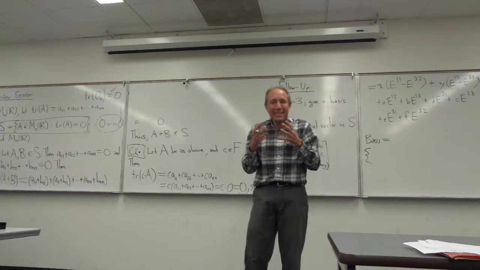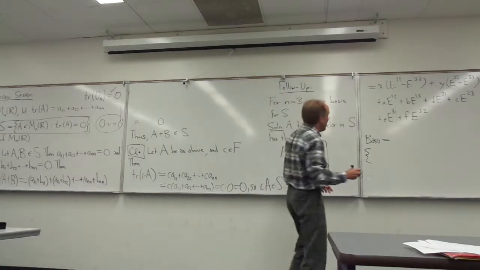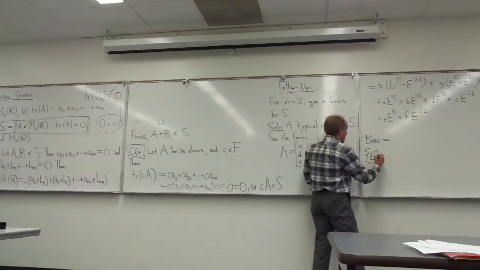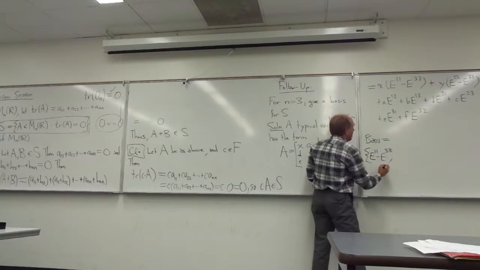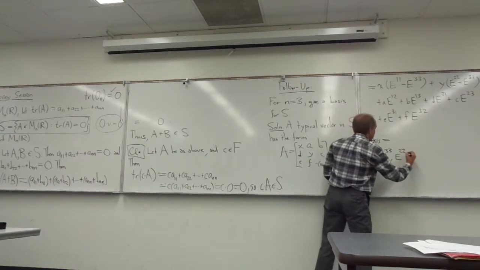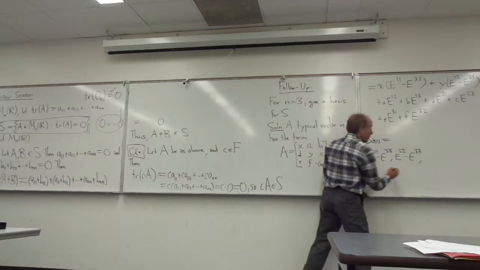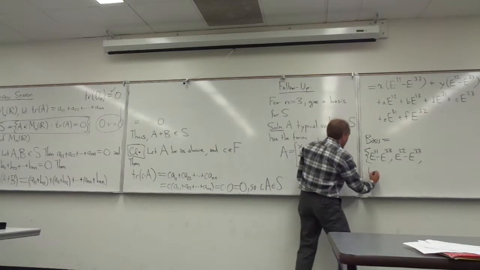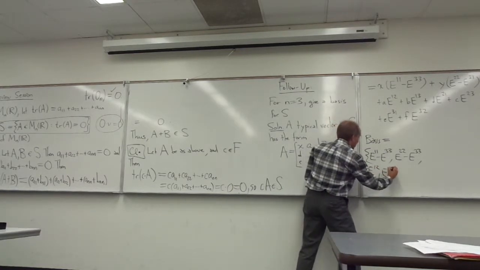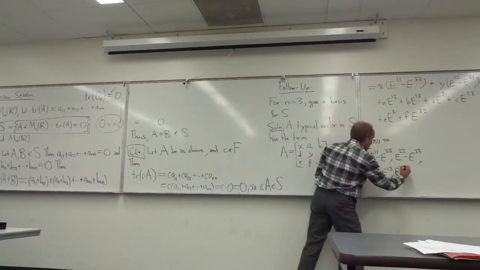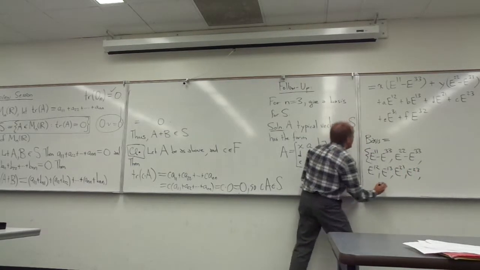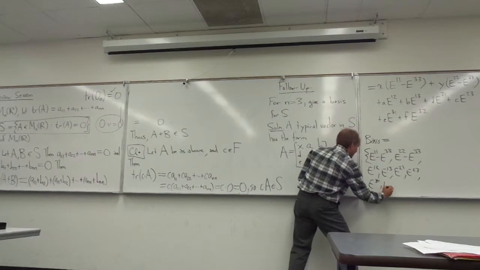We have to actually write the set down that has all of these vectors in it. So we would have e11 minus e33, and then e22 minus e33. And then we would have e12, e13, e21, e23, e31, and e32.